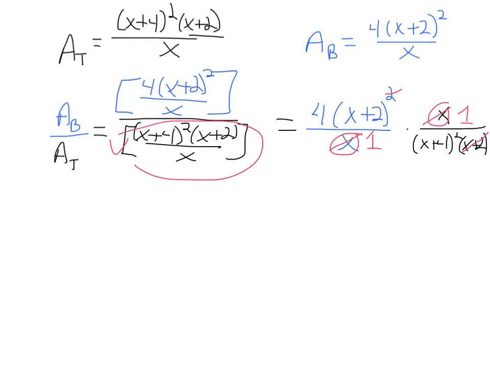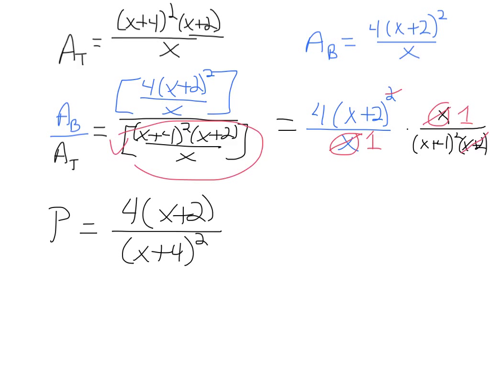Since they're multiplied, we can take out a pair and cancel it out as a 1 over 1, leaving us with our final probability of 4 times x plus 2 over 1 times x plus 4 squared. Now this can't be simplified anymore. The x plus 4 can't be broken into an x plus 2 without putting in extra additions. We can't cancel out anything where these have extra additions. So this thing is what we're stuck with.